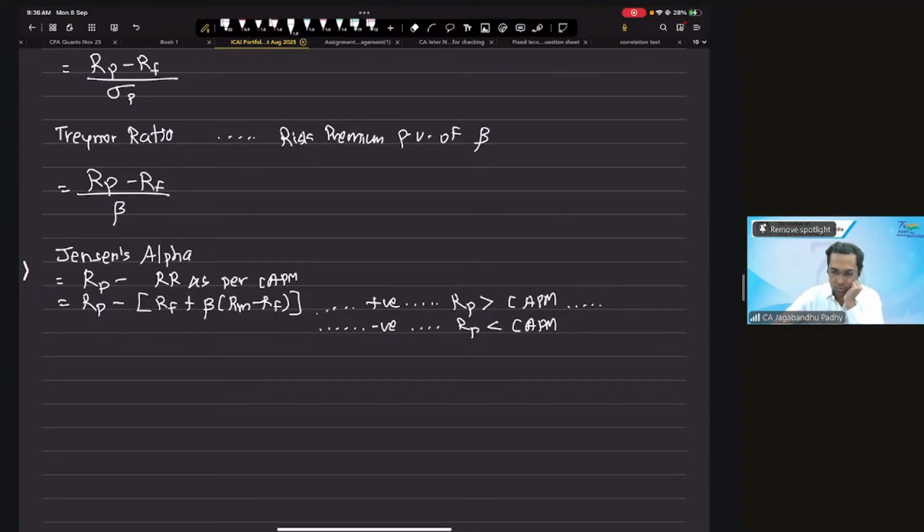So we can say, in the first case, our portfolio has outperformed. Whereas if return of portfolio is less than CAPM, then we will say that the portfolio has underperformed.